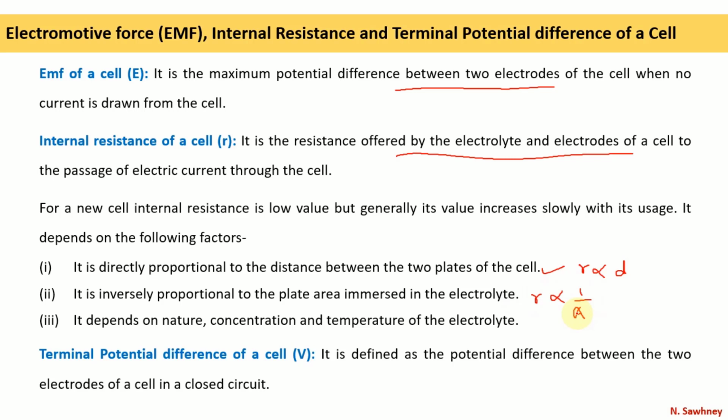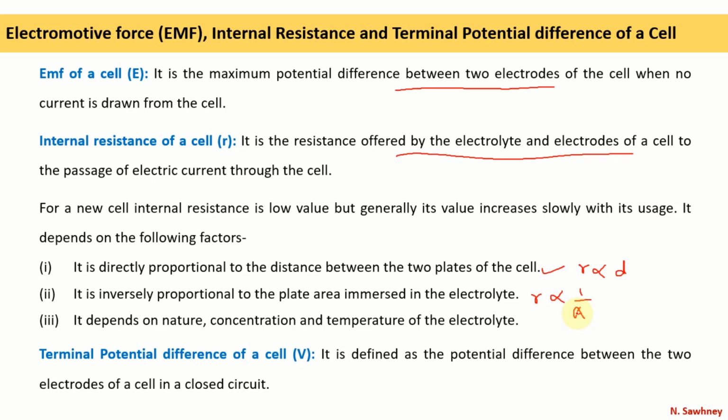So we can say that due to this internal resistance, a part of the energy given by the cell is dissipated as heat inside the cell itself.